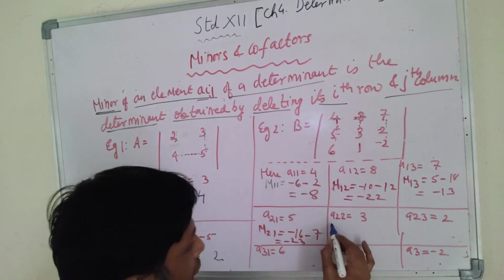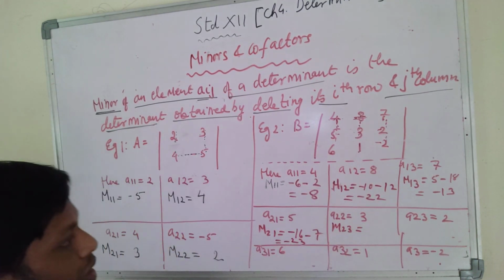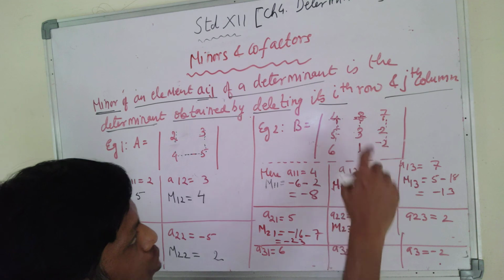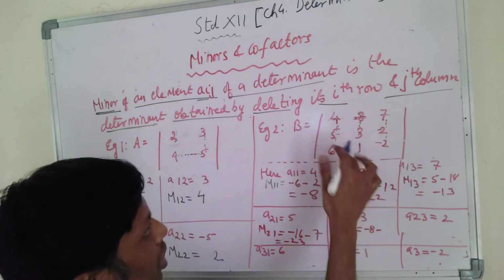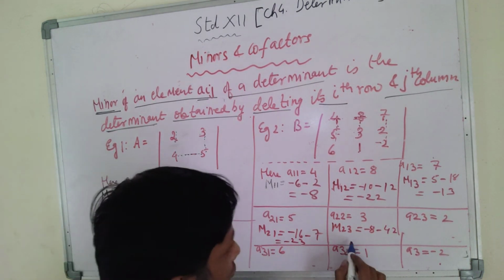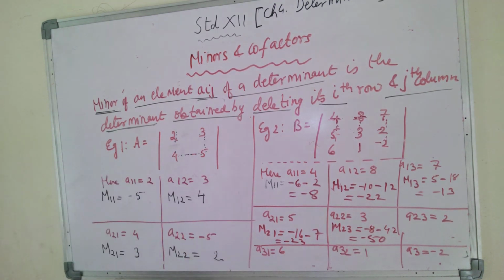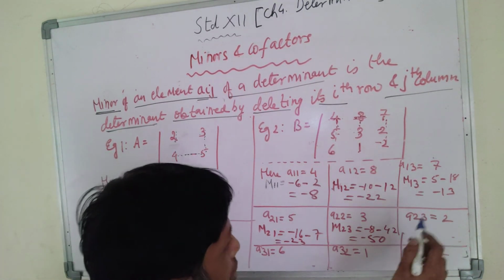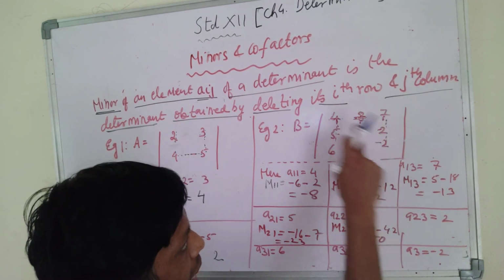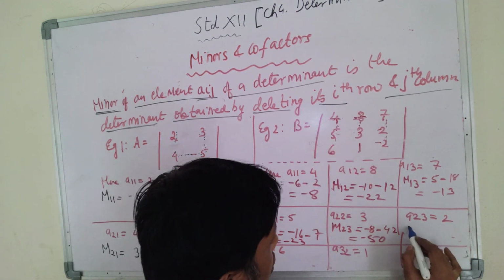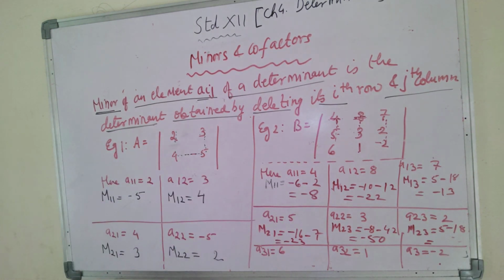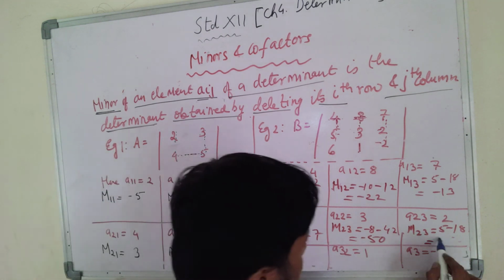This way you can find the remaining minors. Delete that row and column: 4 into minus 2 is minus 8, 7 into 6 is 42, so minus 8 minus 42 gives minus 50. Similarly, for the minor of 2, hide its row and column. M23 will be 5 minus 18, so it will be minus 13.